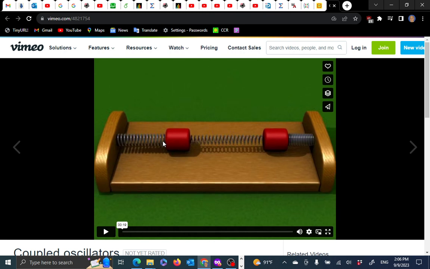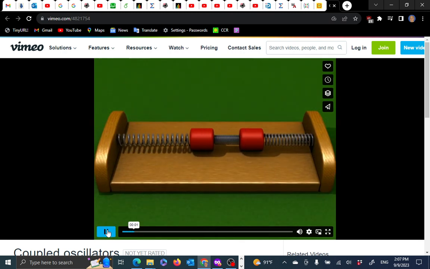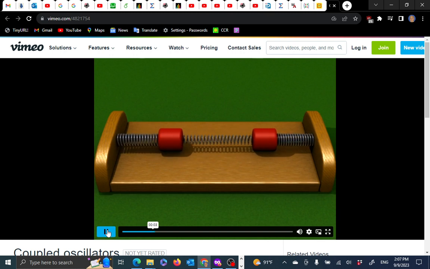But here the motion is quite a bit more sophisticated and rather hard to predict. I'll let this simulation start, and try to predict for yourself what happens next. Here is the movement.